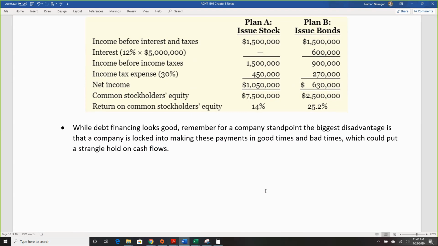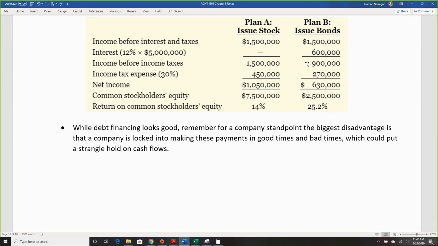Debt financing looks good, but the biggest disadvantage is that the company will be locked in to make the payments for the bond. This means in good times and bad times, and your cash flow may actually have a stranglehold. It just will kill your cash that year, especially if you have to pay off the par value at maturity. So we do have to keep that in mind.